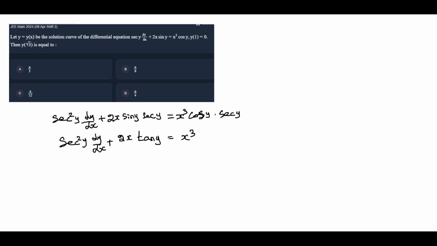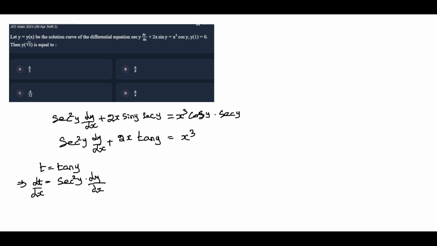Now you can consider t equal to tan y. So what do you get? dt equal to sec square y into dy. Differentiating with respect to x, dt by dx equal to sec square y dy by dx.